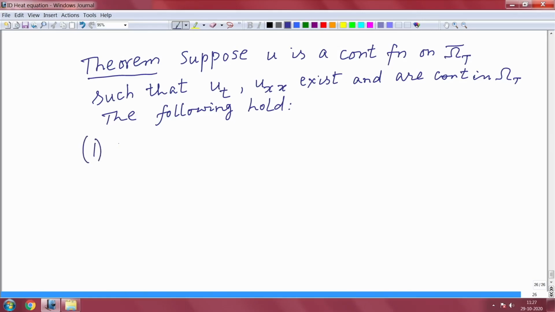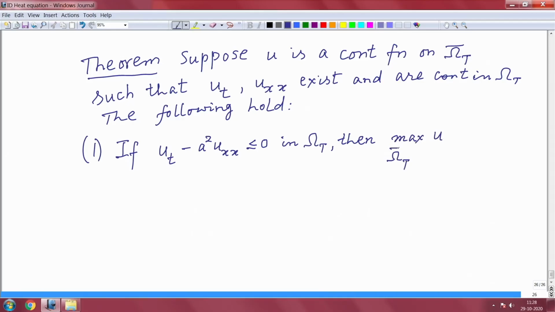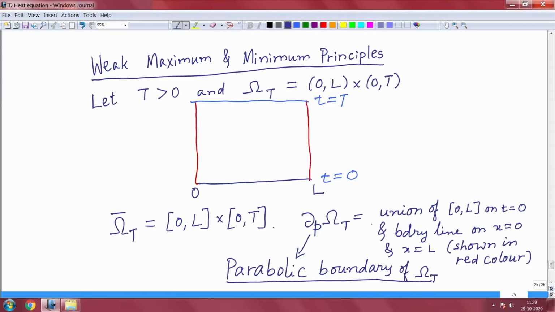The first one: if u sub t minus a square u sub x x is less than or equal to 0 in omega t, then the maximum of u in omega t closure, as I said, we are assuming it is a continuous function, so it is bounded, is less than or equal to the maximum of u on the parabolic boundary del p omega t.